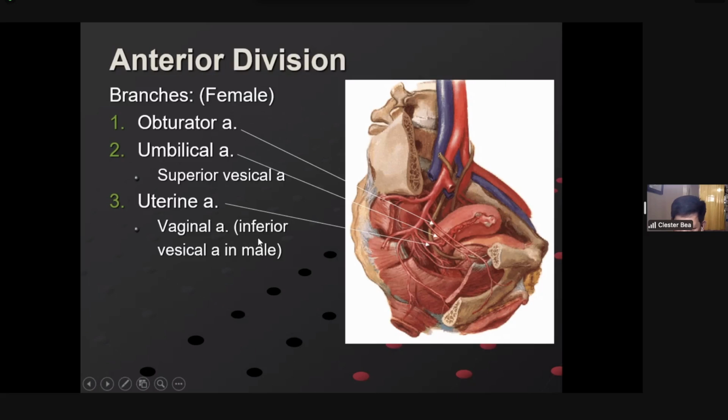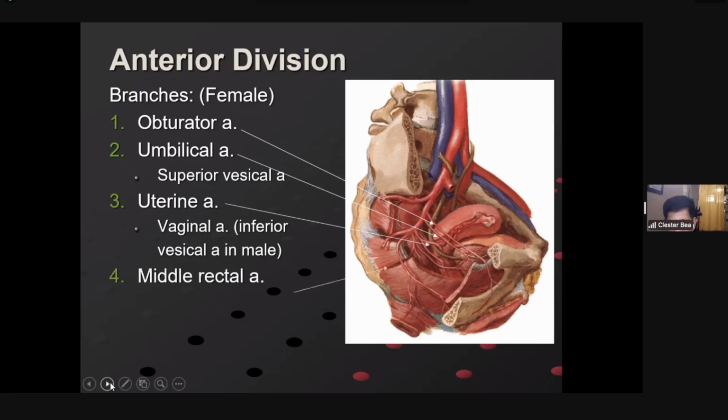Now, an important distinction in the male is that there is, of course, no vaginal artery. What replaces it in the male is the inferior vesical artery, which is found only in the male.